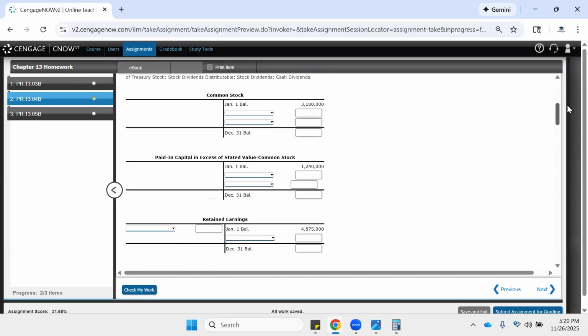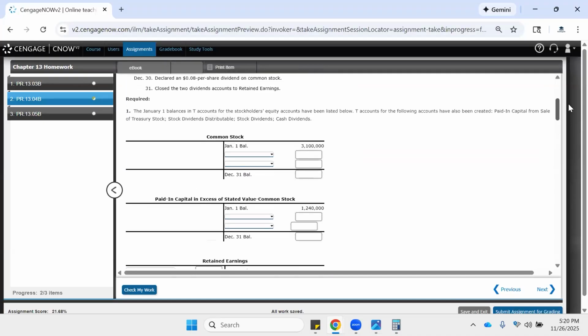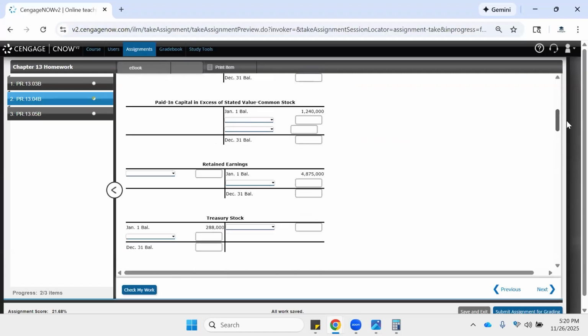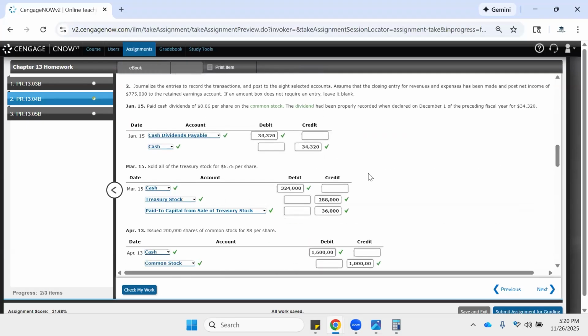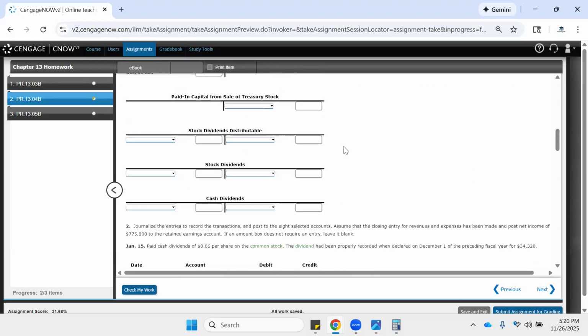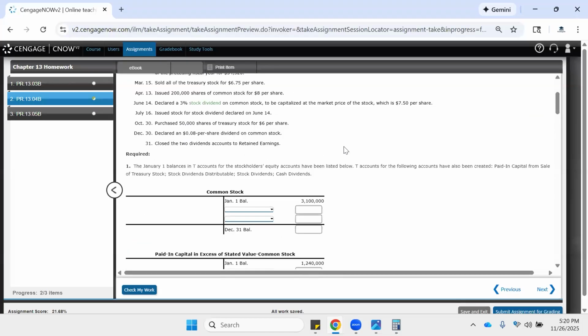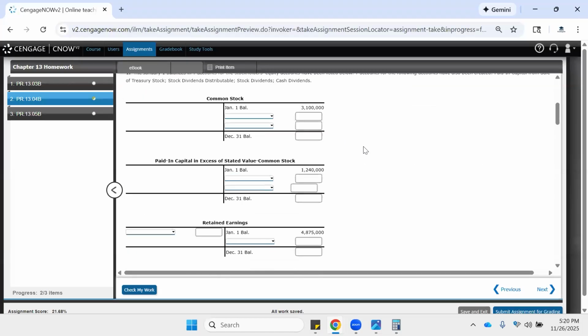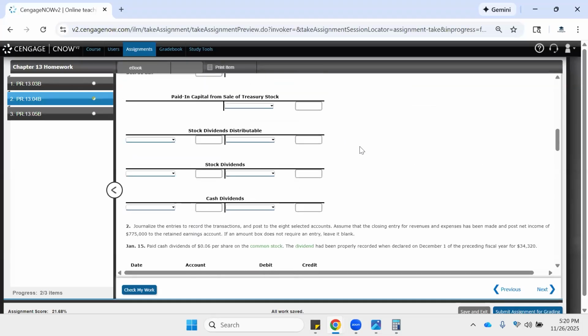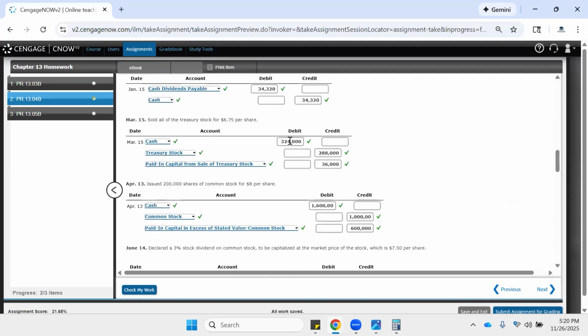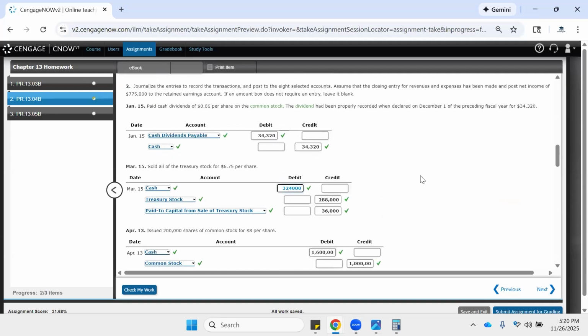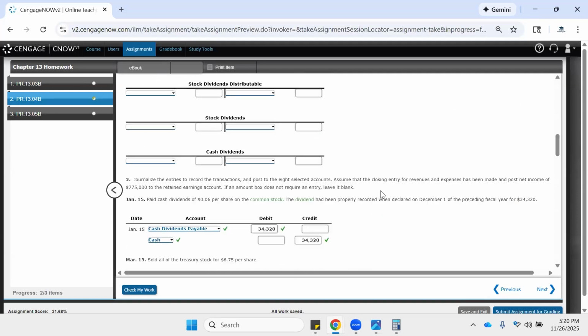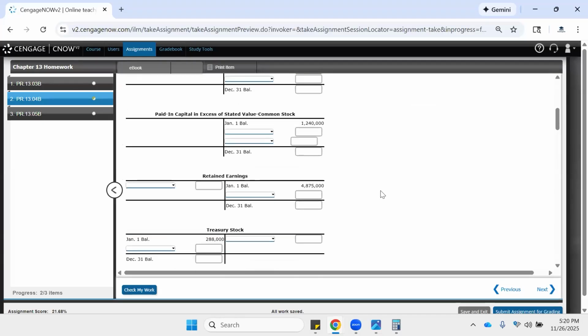It looks like we did not have a beginning balance for cash dividends payable, or a T account in general for cash dividends payable, or cash. We're only doing this for the stockholders' equity accounts. But we do have treasury stock as a beginning balance.